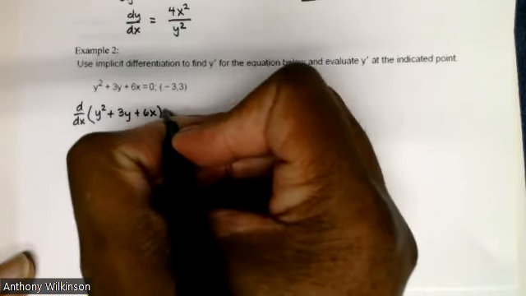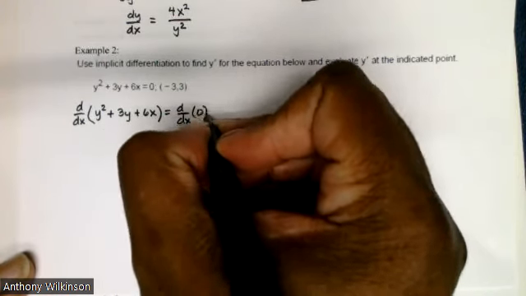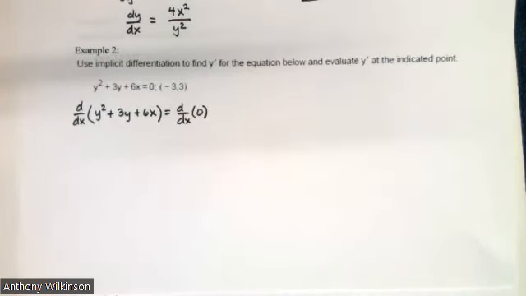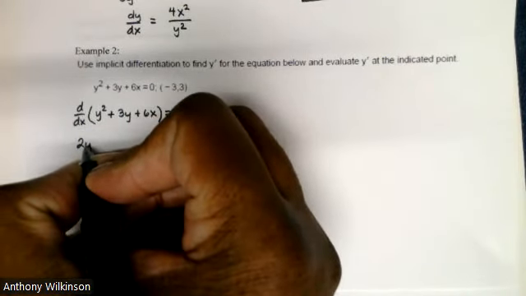Now, me personally, I like to use this notation, the derivative with respect to x. That way you can see that I'm going to be taking the derivative of each and every term in that equation. All right, so for y squared, the derivative of that, bring the 2 down, copy the y over to the one less power, so it'll be 2y.